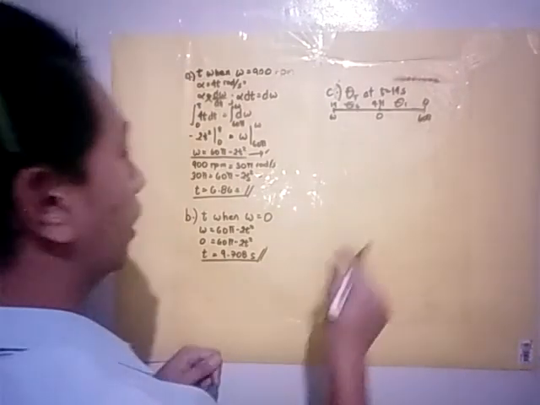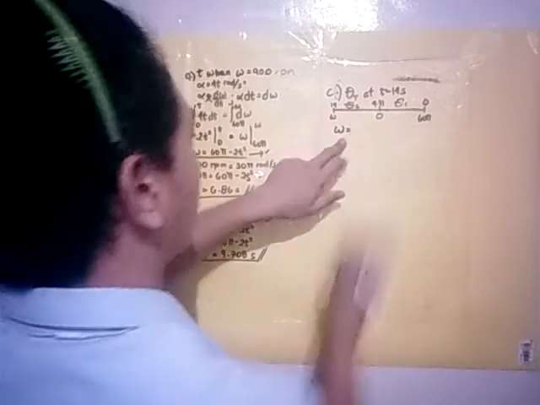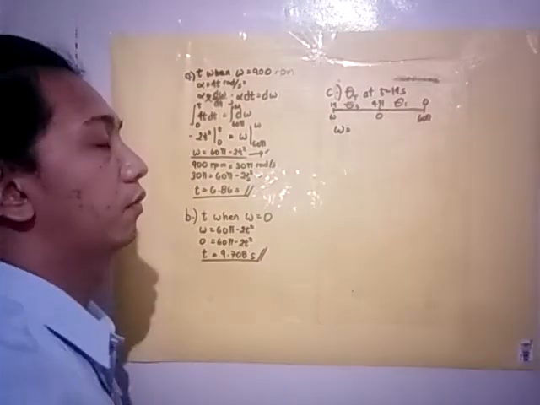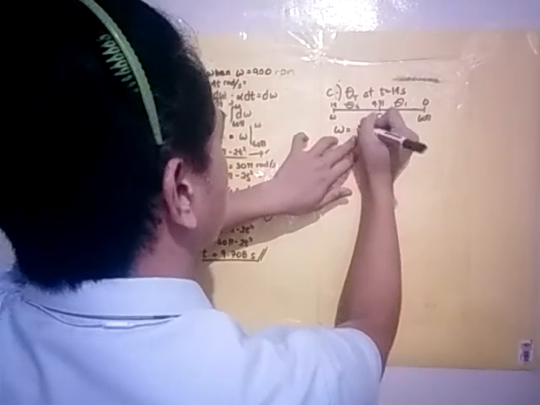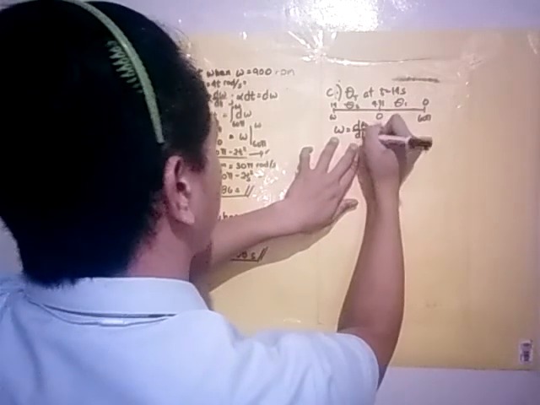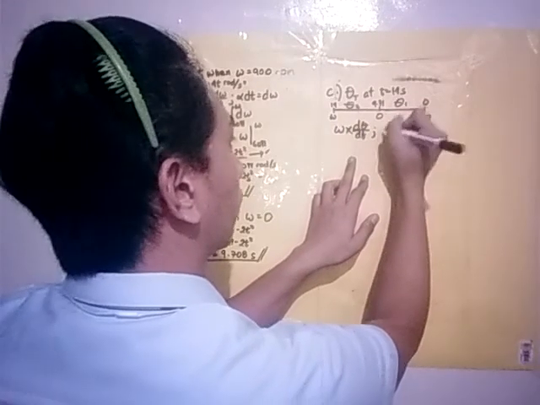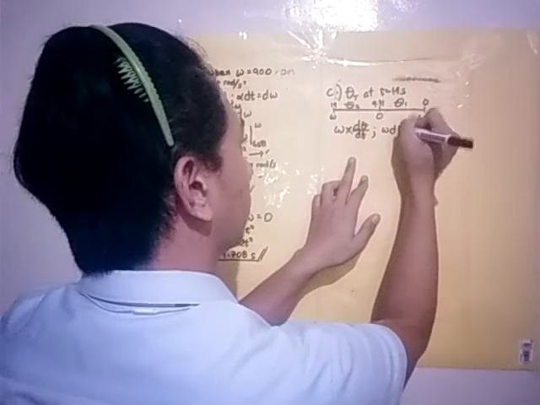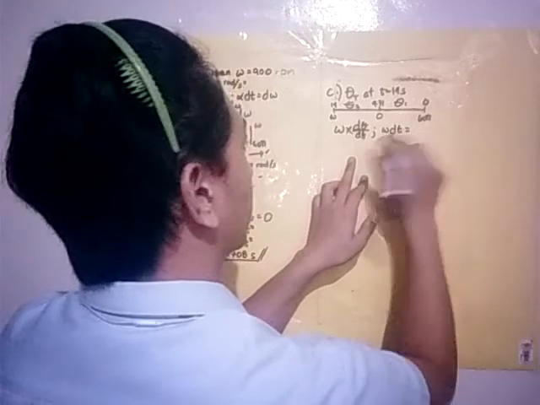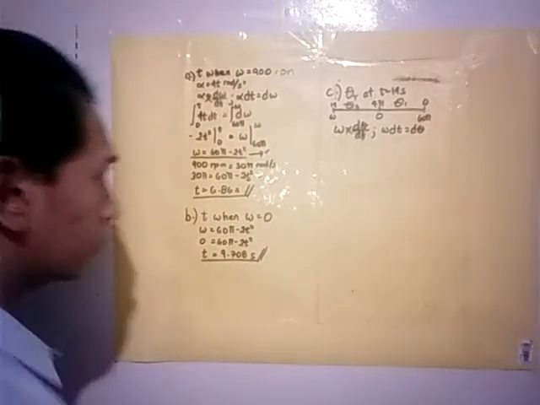We have a formula for angular velocity, which is the first time derivative of theta with respect to time. So I cross multiply this for us to get omega dt equal to d theta.